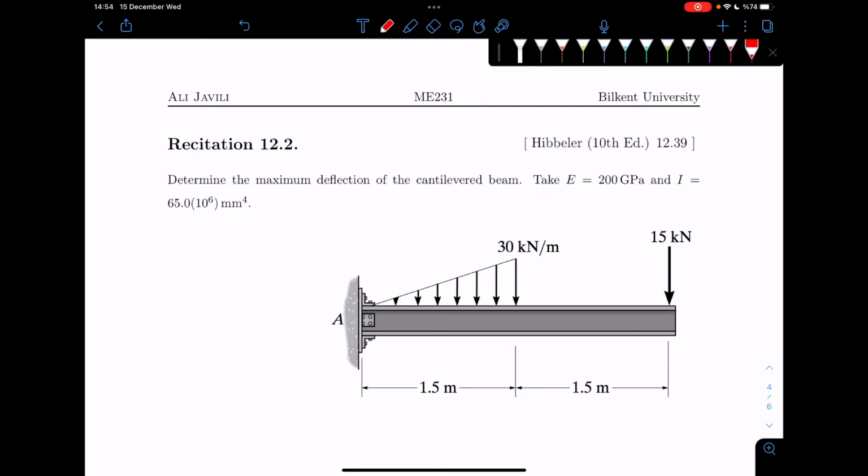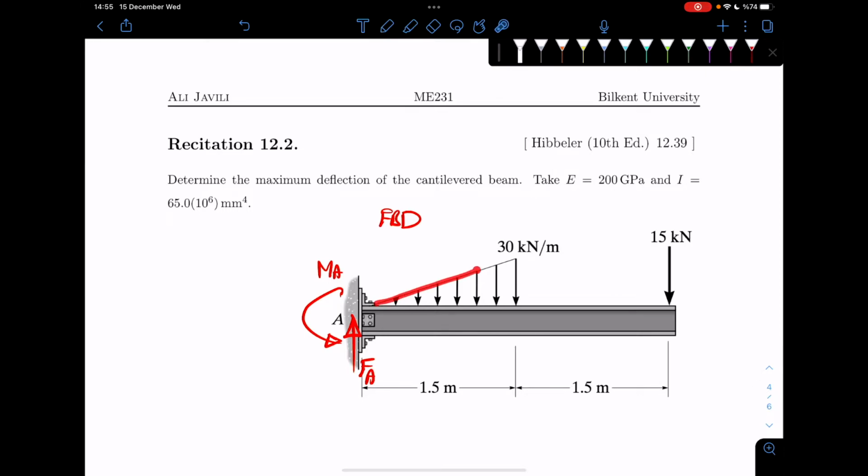To start with, we again start from our equilibrium. So we take this as a free body diagram, and we assume that there is a moment here at A, and also a force at A. So we want to replace the support, and we need to calculate these reactions. This is a fairly simple problem.